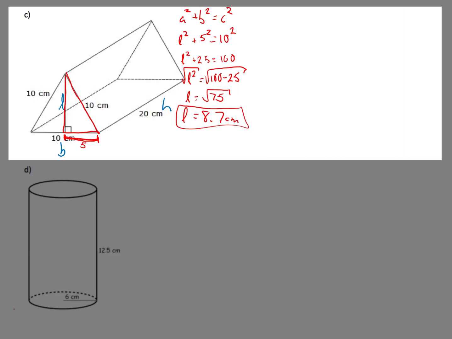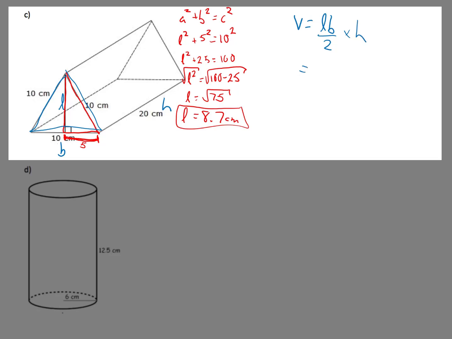Perfect. Okay, so now we know the height of this triangle, and we can calculate the volume. I am going to switch my pen back over to blue to calculate volume. My volume is equal to L, because that's the height of the triangle, times the base of the triangle all over 2, because that's the area of that triangle, this big triangle base, which I'm using blue to outline, and then multiply by the height of the prism.